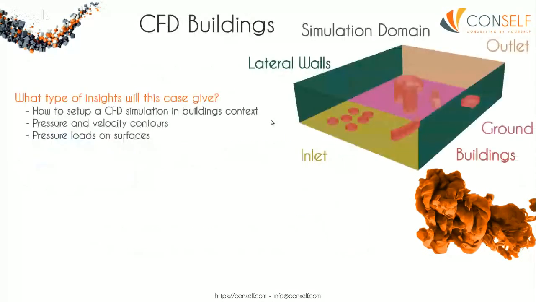So let's focus on what we are going to see today. And here in this slide, you can see the simulation domain. That is basically a few simplified buildings describing a piece of a city inside a bounding box. That is our computational domain. We are going to let the air flow in from the inlet and flow out from the outlet.